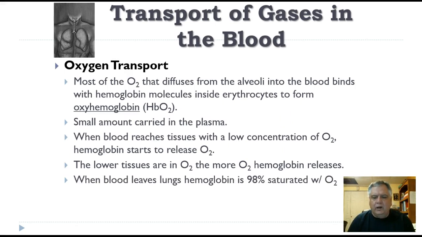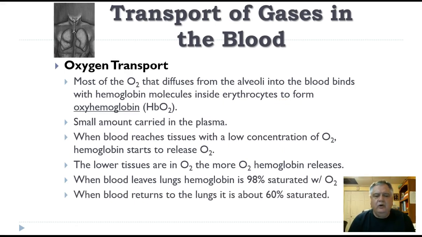So when blood leaves the lungs, it should be about 98% saturated with oxygen. You think about a pulse oximeter, if any of you have ever used a pulse oximeter and you put it on the finger and test what the oxygen saturation is, you'd like it to be around 95 to 98%, right?